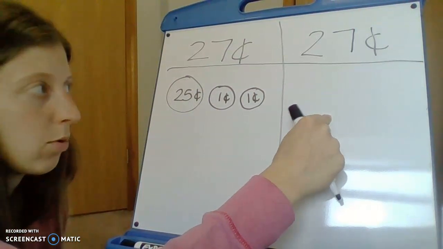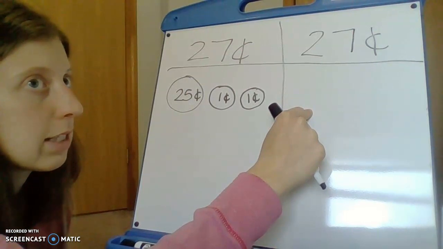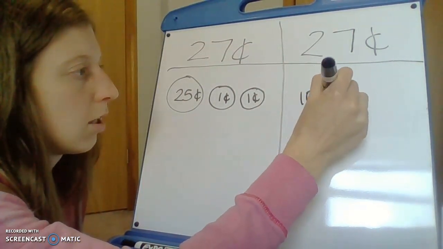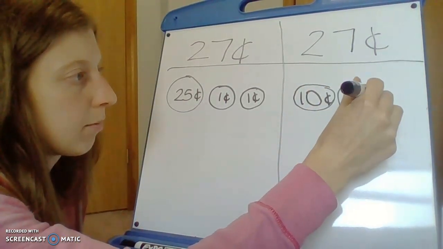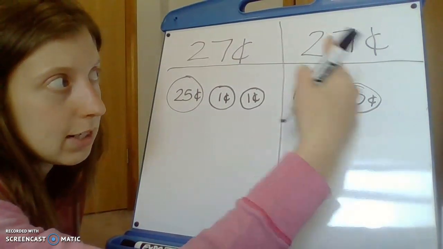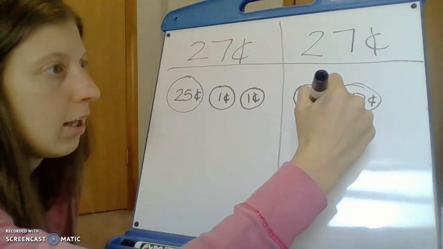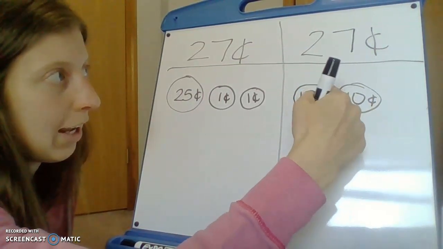Maybe I want to use, well, I already used a quarter, so I can't use that again. Let's see. Let's try a dime, because I know that 2 dimes is going to give me 10, 20. I need to get to 27. So 10, 20, I could do a nickel to get me to 25.